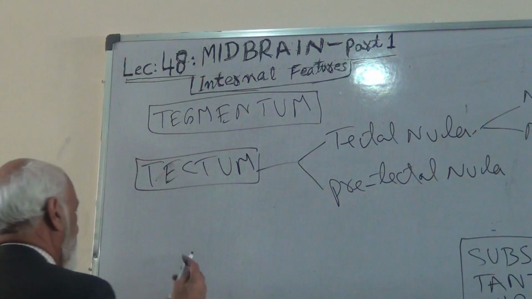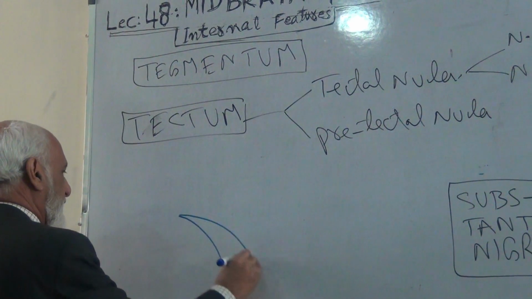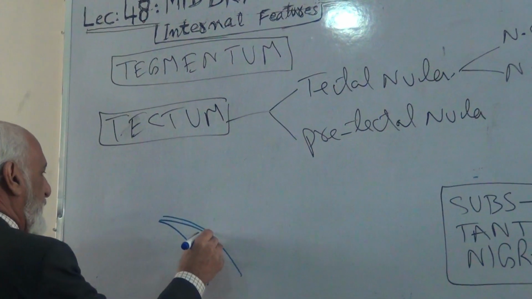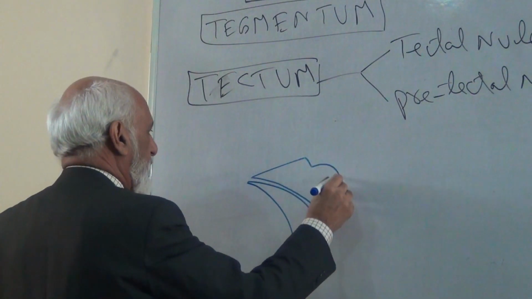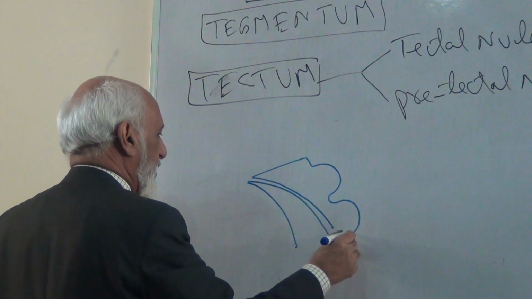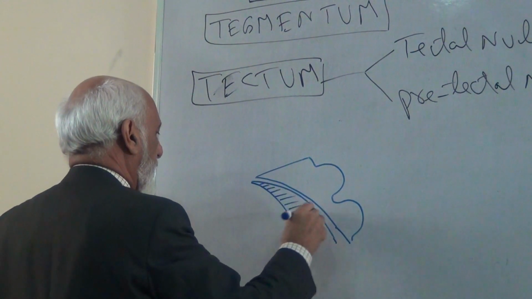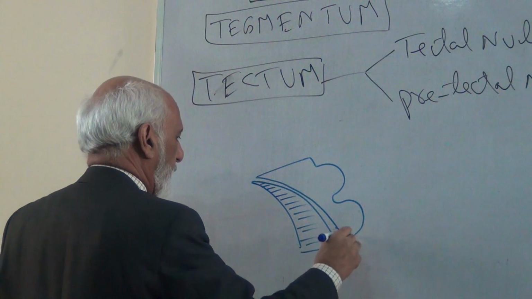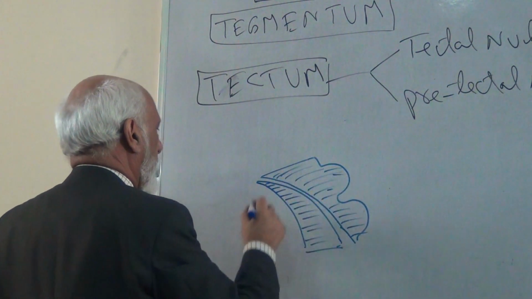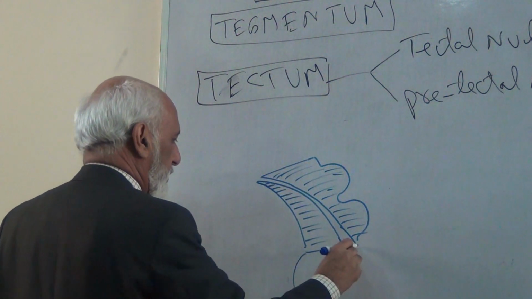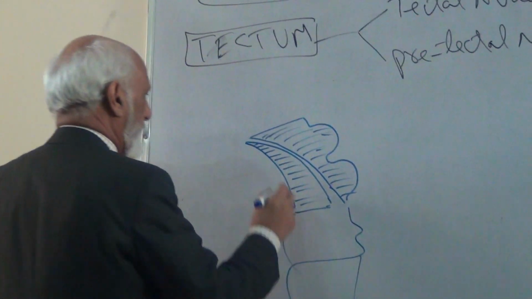In midbrain, if you cut a section, it is like this. This is the cerebral aqueduct traversing it. This is superior cerebral peduncle, inferior cerebral peduncle. And you know there is pons, medulla oblongata, and then spinal cord.